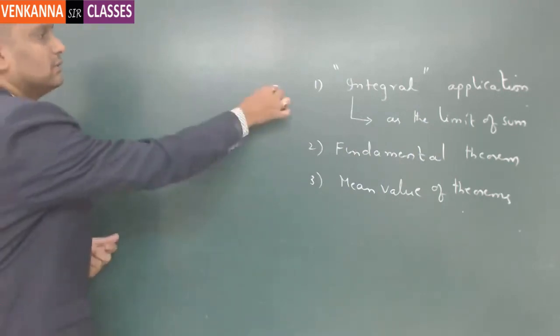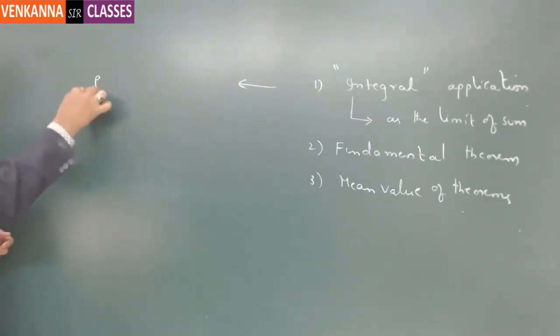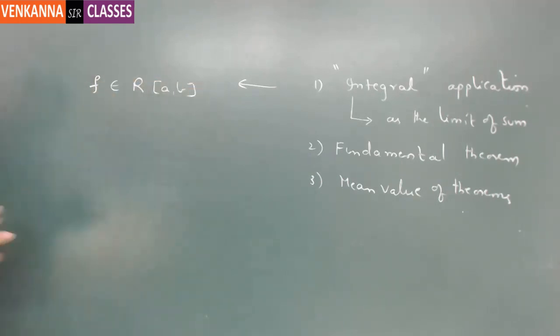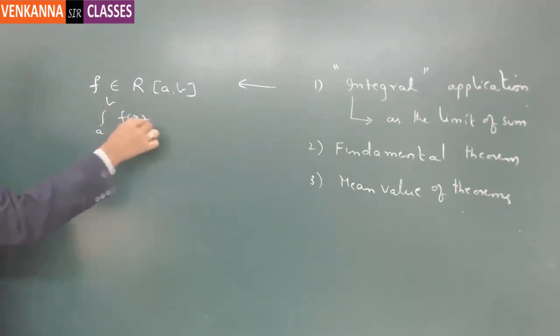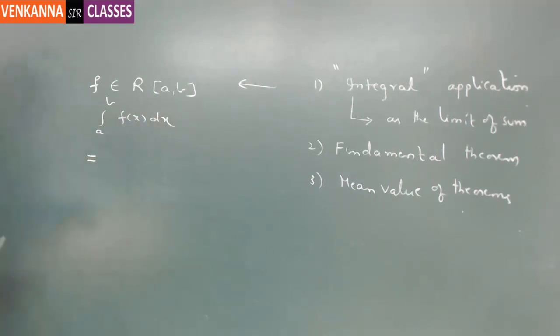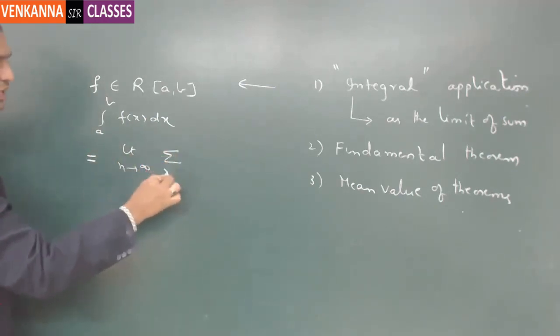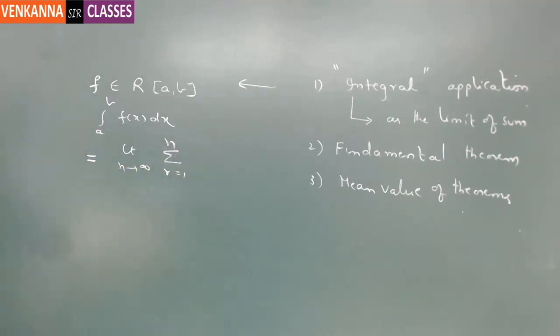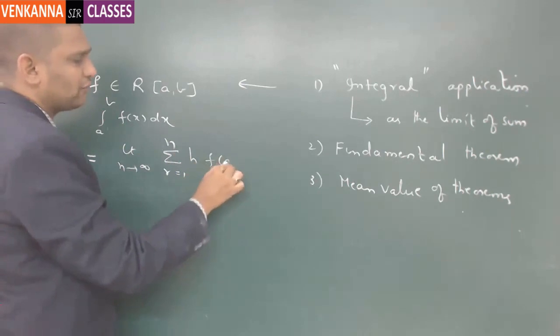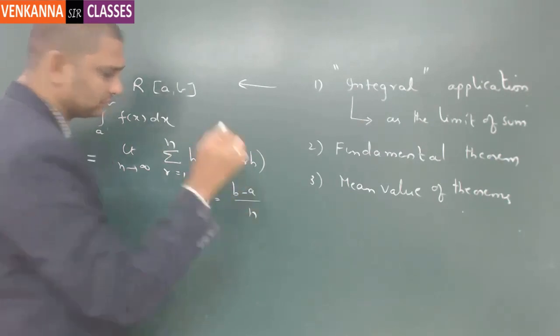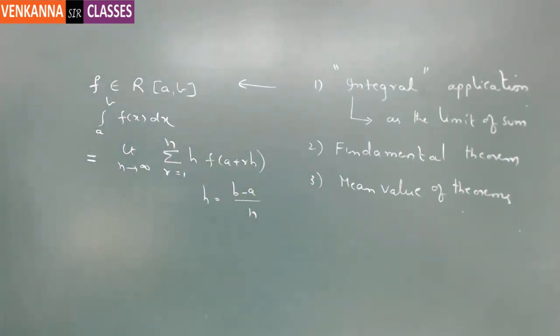The result with regard to this is, whenever you take a Riemann integrable function f on closed interval [a, b], the integration value of f over [a, b] is equivalent to limit n tends to infinity, summation r equal to 1 to n, h into f of (a plus rh), where h is equal to (b minus a) by n. Please take a note of the result.